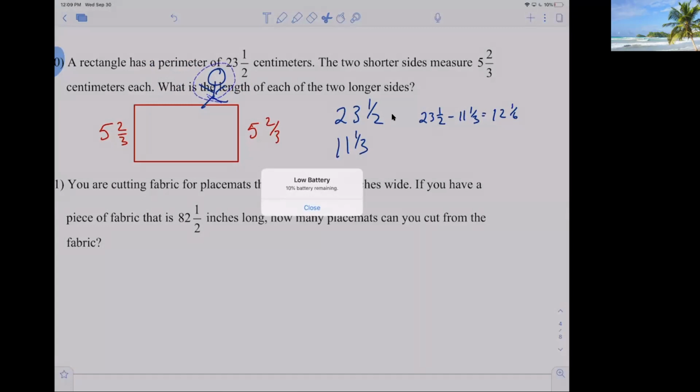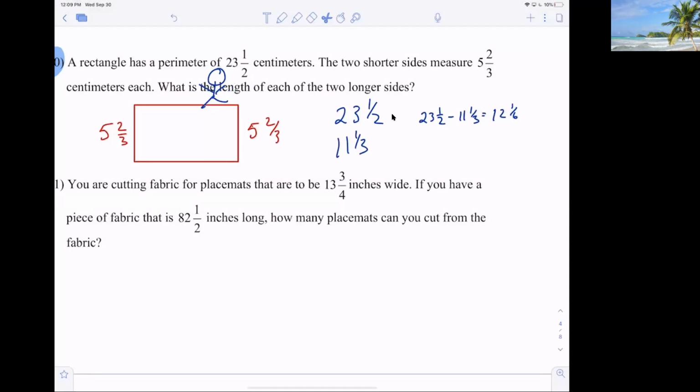By what? No. How many sides are there? 2. Divide by 2. All right, everybody divide by 2. So 12 1/6 divided by 2. Tell me what that is. 6 and 1/12. Good. I'm proud.